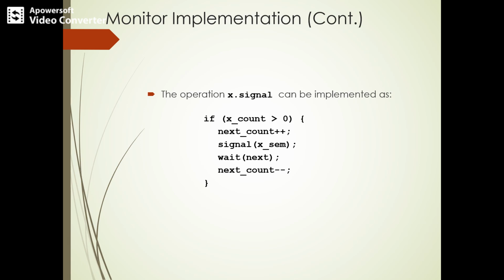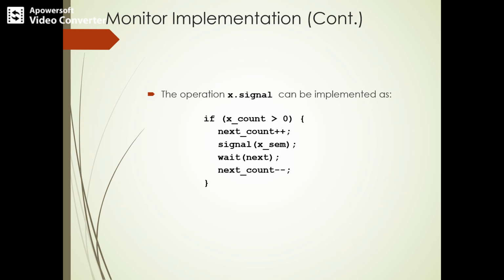So you're incrementing the counter for the next suspended process, and only if that count is greater than 0, you're going to signal those suspended processes. So actually this entire code is for signaling the suspended process.